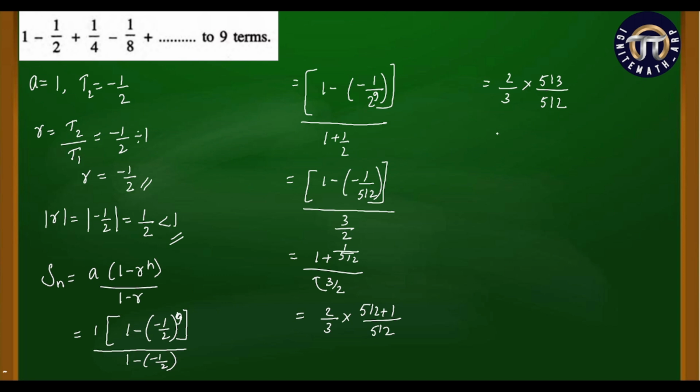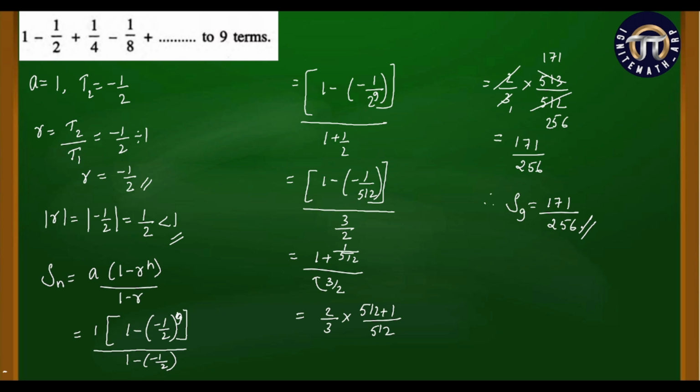So when I simplify this, whenever it is possible, you simplify it. 2 1s are 2, 2 2s are 4, and so on. 3 1s are 3, 3 7s are 21. So I'll get this as 171 by 256. So I can write that the sum of 9 terms of the given GP is 171 by 256. Clear, children? I hope it is clear to you.